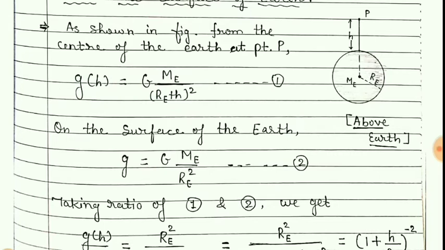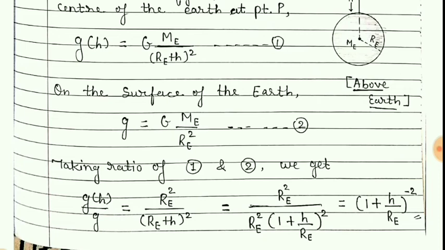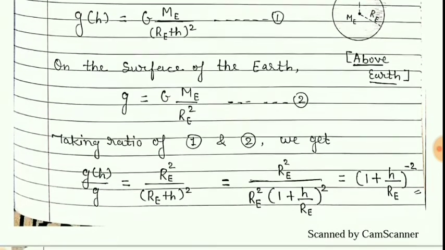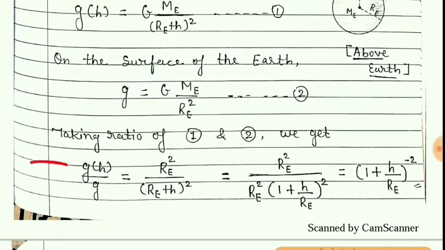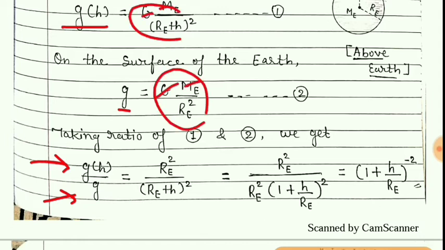So sit with a pen and paper and take the ratio and simplify. We will get gh upon g, this upon this, is equal to this upon this, but these two are cancelled, so we will get this on the right hand side.